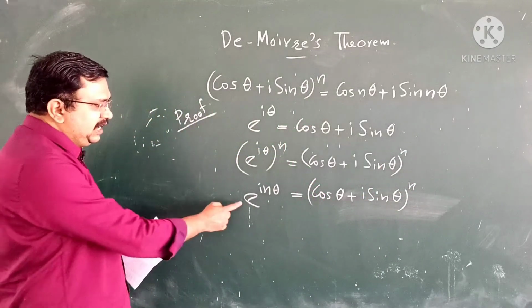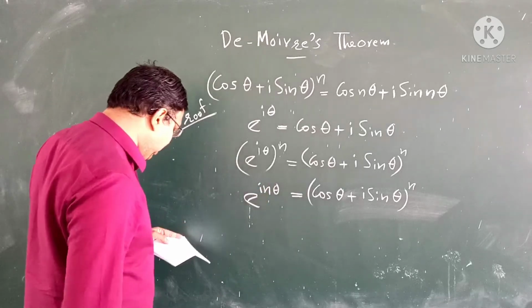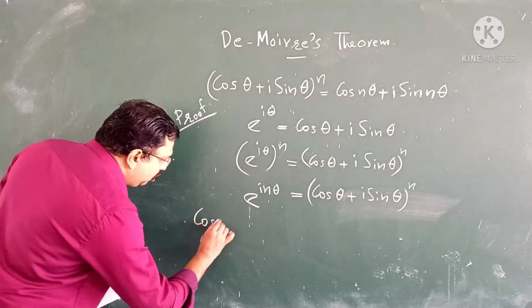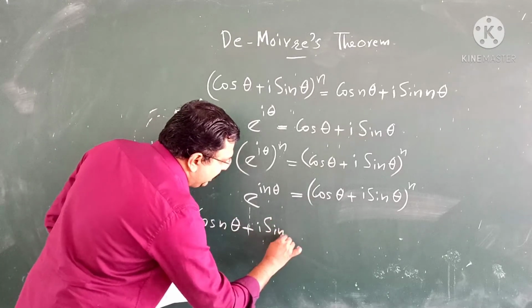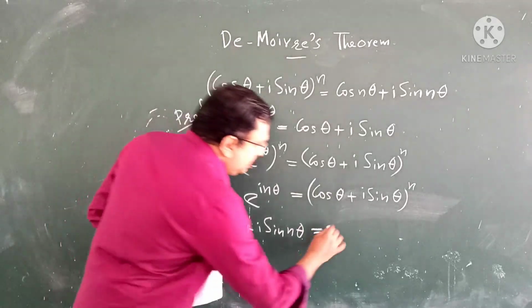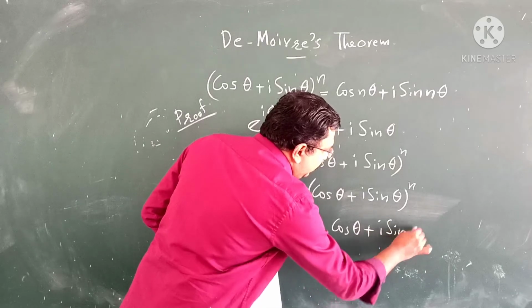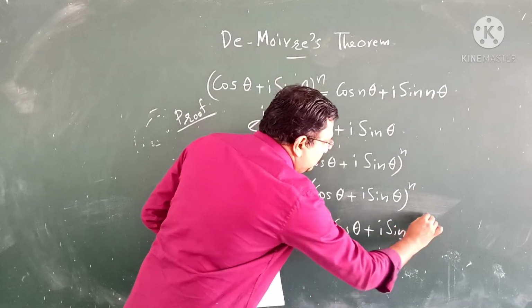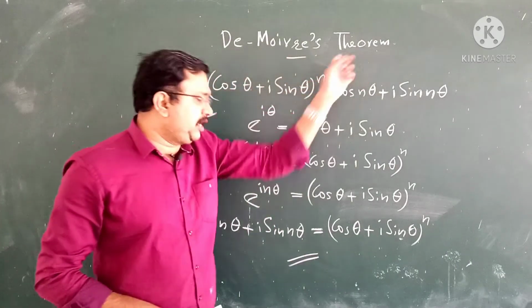Then what is e raised to i n theta? We know that e raised to i n theta is cos n theta plus i sin n theta. That is equal to (cos theta plus i sin theta) the whole raised to n. Hence, we have proved De Moivre's theorem.